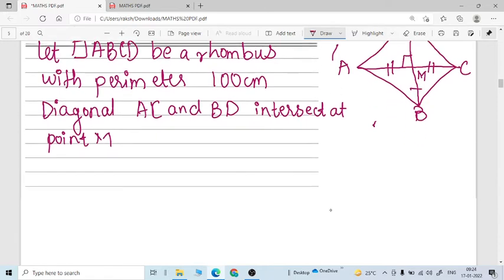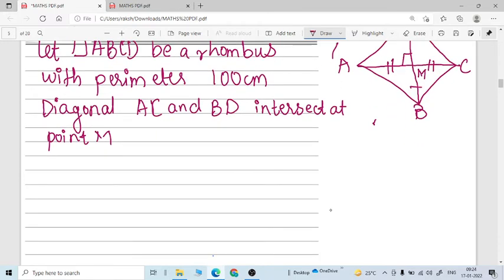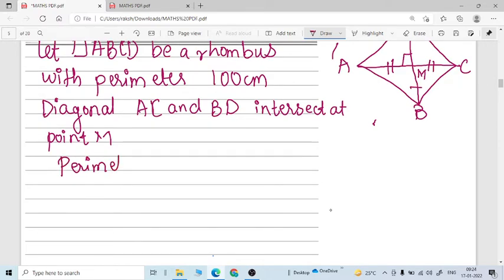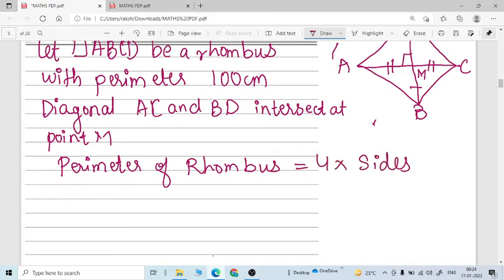So perimeter of rhombus. Students, write the formula of perimeter of rhombus in the chat section. Yes, that is 4 into side. They have given the perimeter, they have not given the side. We have to find the side.